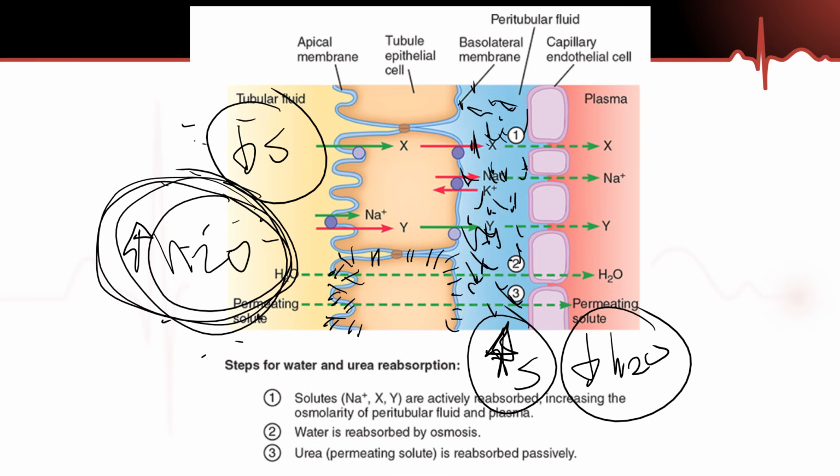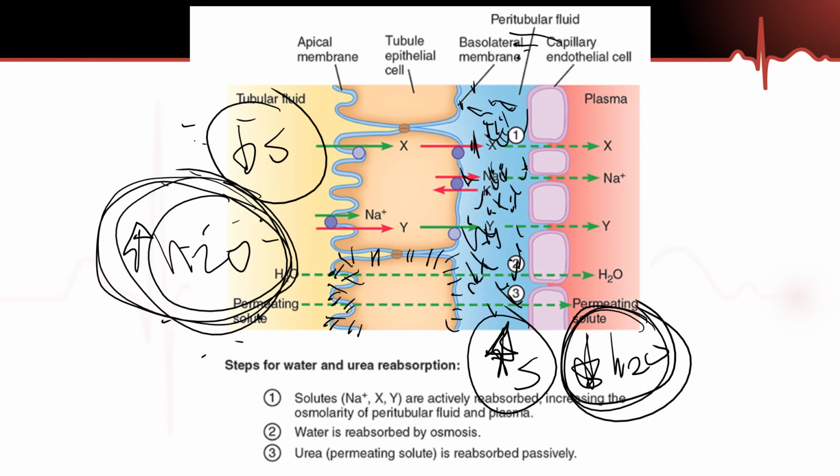The concentration of water is high within the blood plasma inside of the lumen of the proximal convoluted tubule, because the solute concentration is decreasing, because all the solute's going into the peritubular or interstitial fluid. And what's happening to the peritubular or interstitial fluid? Well, the solute concentration is rising, so the water concentration is decreasing.